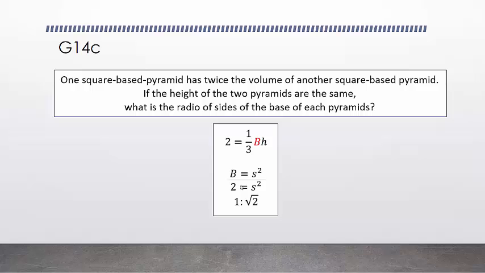We take the square root of both sides, and we realize that the ratio between the two sides is 1 to the square root of 2.